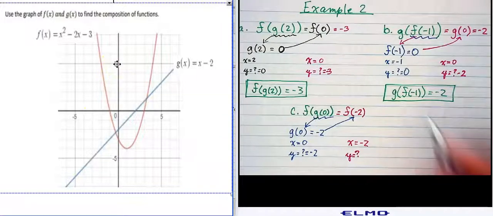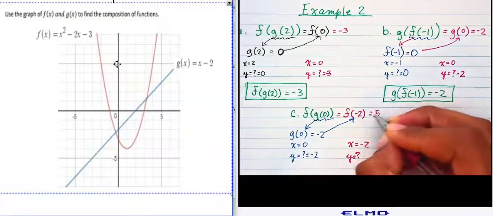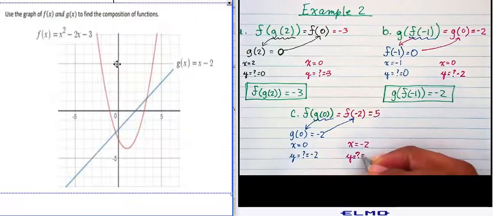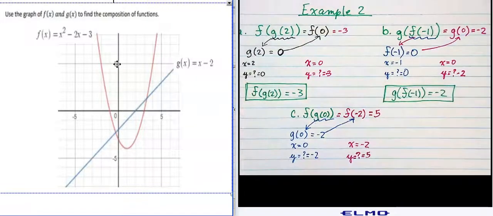And the biggest part about this is making sure that you focus on the right graph for the right function, or the right portion that we're dealing with here. So if they say the f of x portion or the g of x portion, make sure you look at the correct graph to match up. Whatever the f of x function is, you look at that function. Whatever the g of x function is, you look at that function.